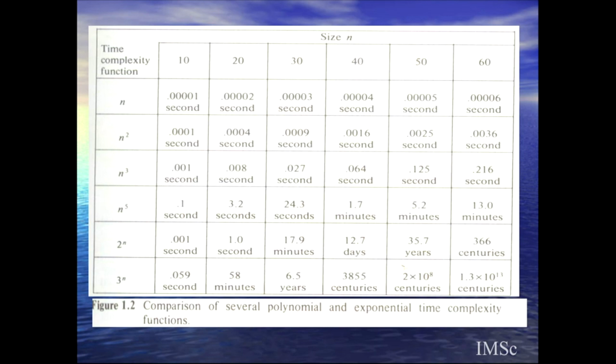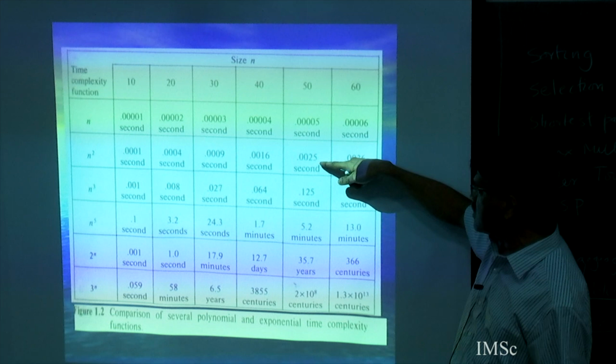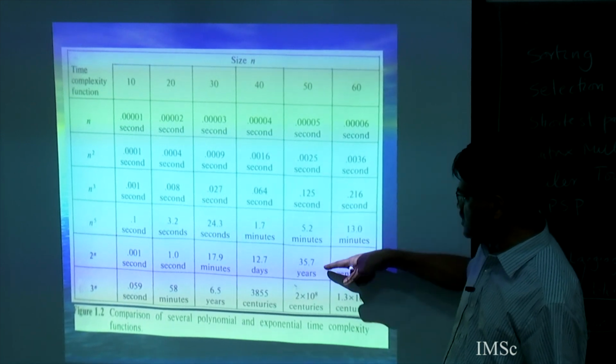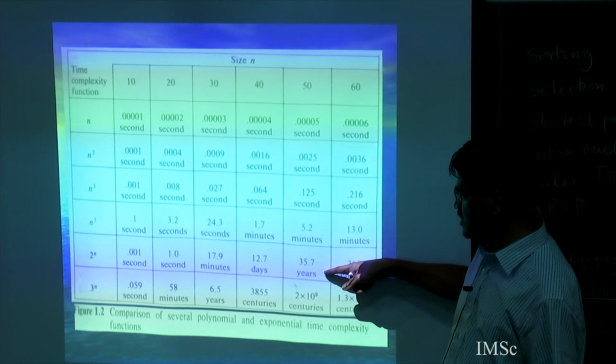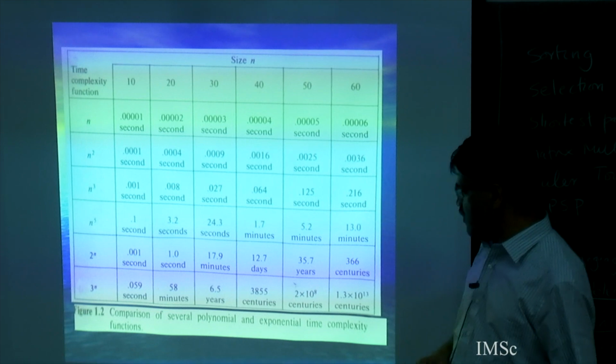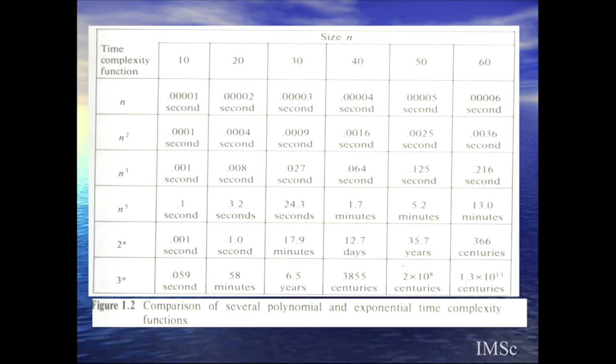Computers were much less powerful, but let's translate to today's computers later. Let me go over this. If you have a linear time algorithm on a problem of size 50, it will take 0.005 second. An n square algorithm will take 0.0025. An n power 5 algorithm will take 5 minutes. A 2 power n algorithm will take 35 years, and a 3 power n algorithm will take 2 into 10 power 8 centuries for a problem of size 50.